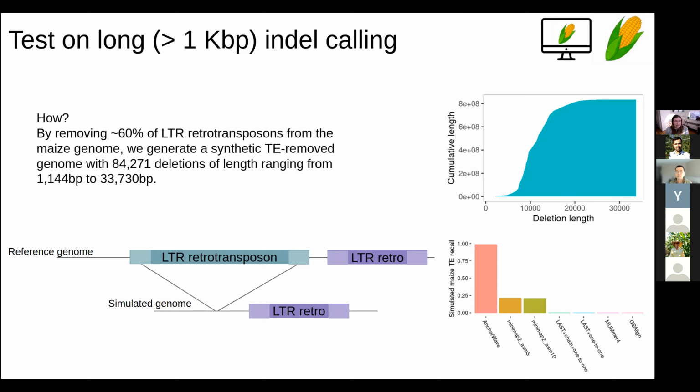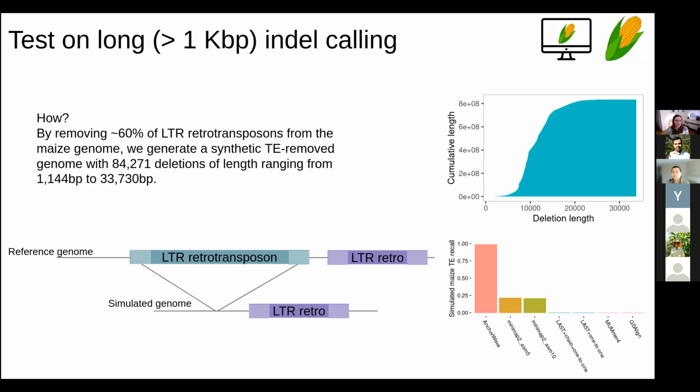Notably, we didn't remove all of the LTR retrotransposons from the genome because we didn't want to make this too simple of a problem. We wanted to leave some of them in there so that these LTR retrotransposons still have the ability to find other LTR retrotransposons to align to, at the wrong location.